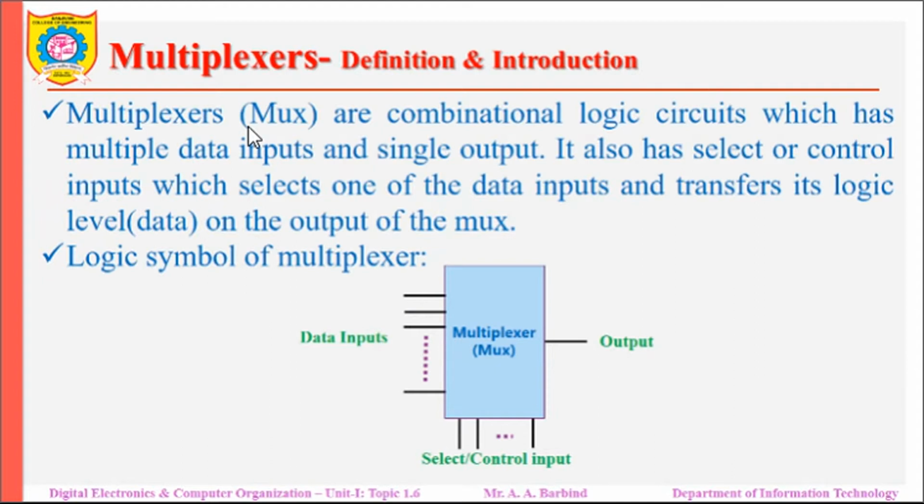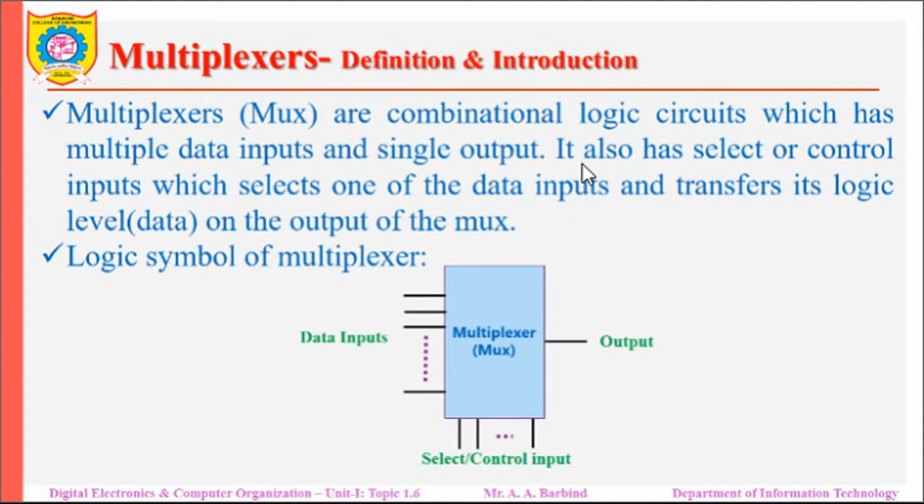So let us first see the definition of multiplexers. Multiplexers, usually written in short form as MUX, are combinational logic circuits which have multiple data inputs and a single output.